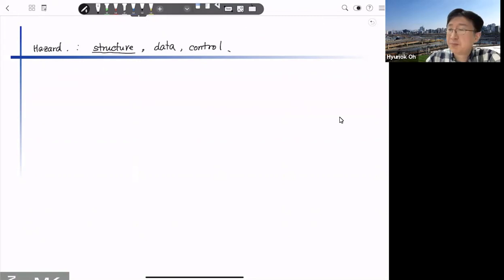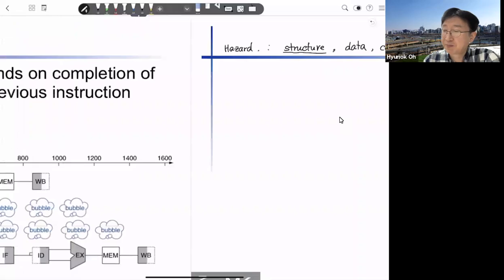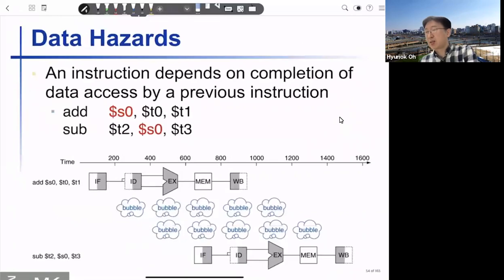Okay. So let's look at the data hazard. A data hazard occurs when there is a data dependency. Let's think about two instructions, which are add and subtraction. If we are not applying pipelining, then what is happening? Let's look at it.